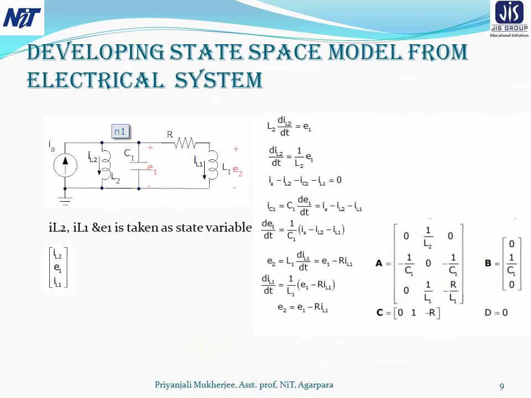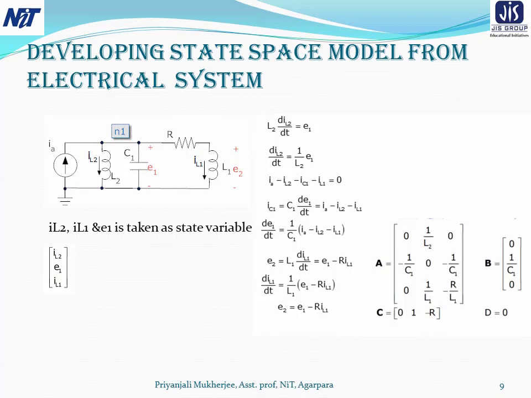Next is the developing of the state space model from the electrical systems. So electrical system is also in the physical variable form, and during the electrical system we will consider the RLC network with capacitor and inductors, which are the energy storing elements.